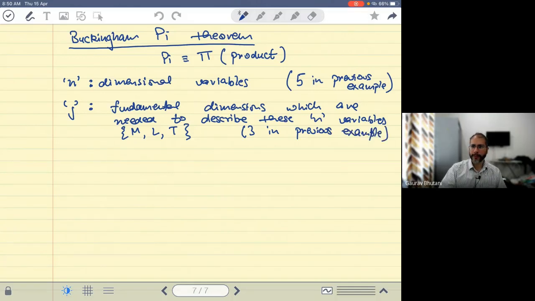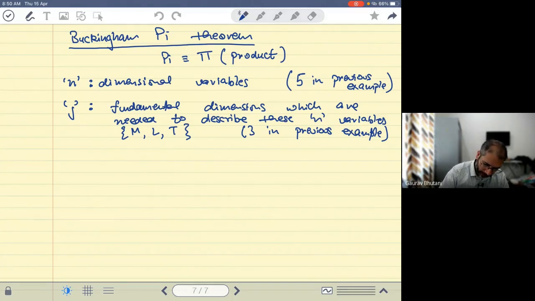You can also have temperature, theta, but in the previous example there is no quantity out of those 5 which depended on theta. So the number of fundamental dimensions needed to describe these 5 variables were m, l, and t, so j is equal to 3.